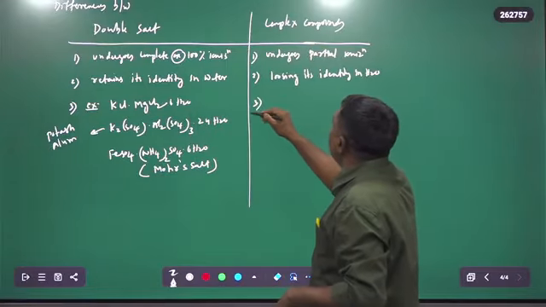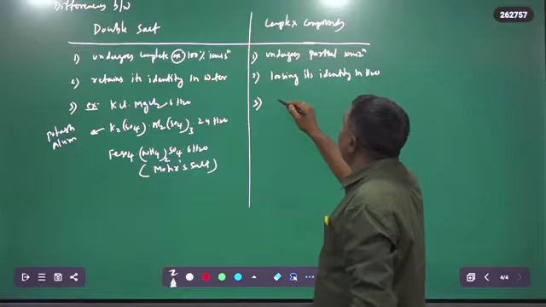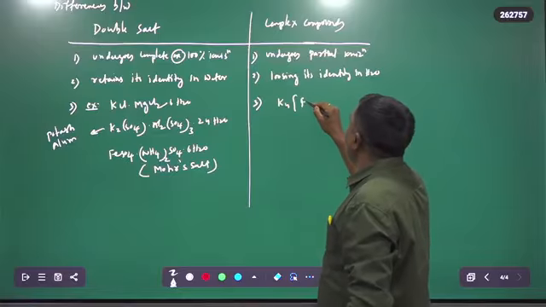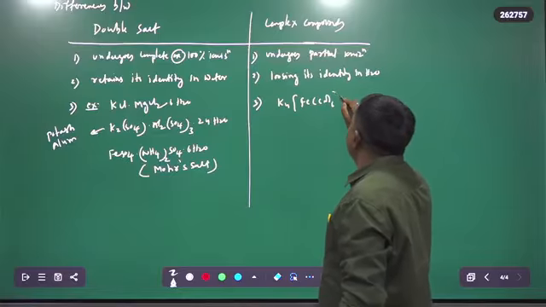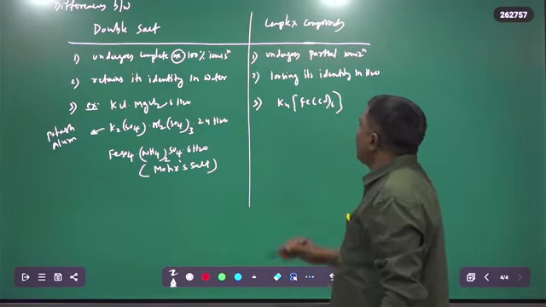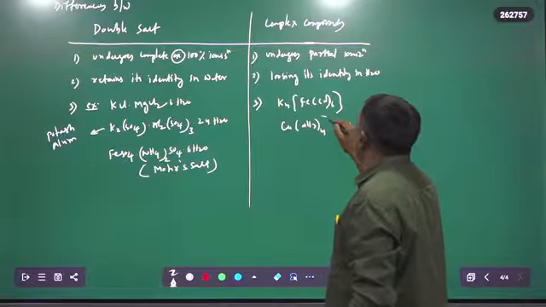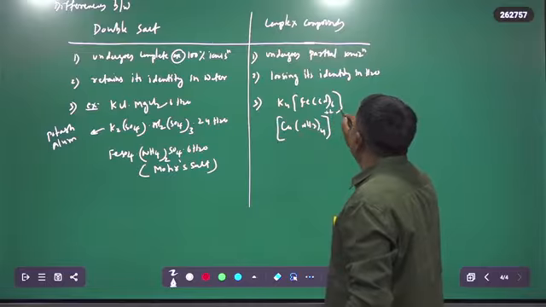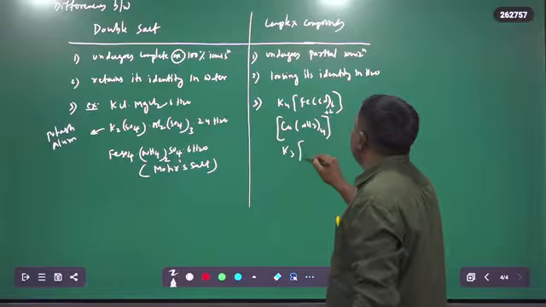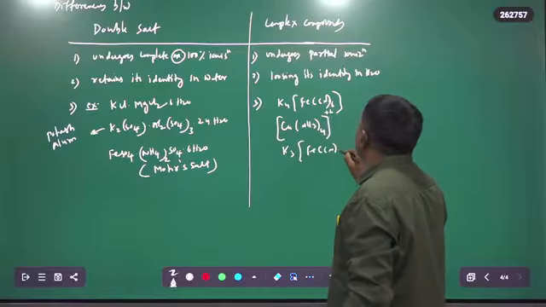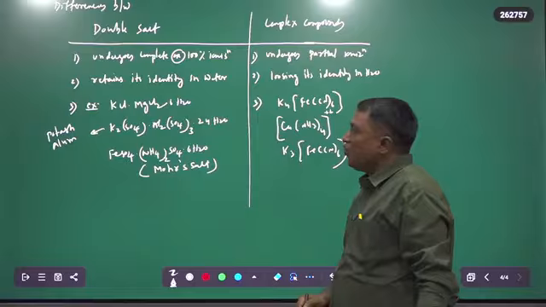Whereas in case of complex compounds, K4[Fe(CN)6] is a complex compound, [Cu(NH3)4]2+ and K3[Fe(CN)6]. So these are complex compounds.